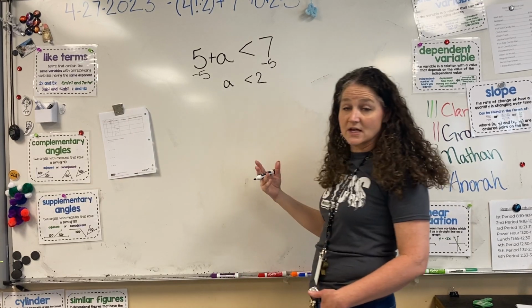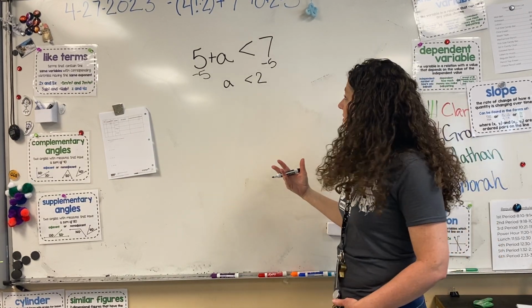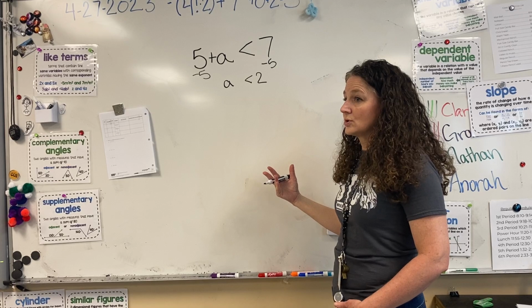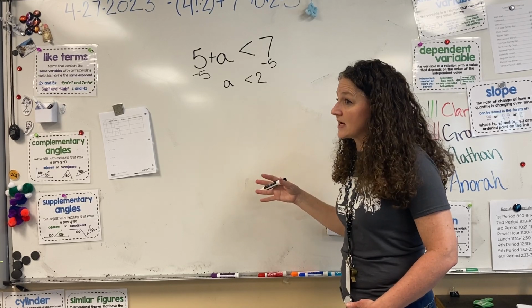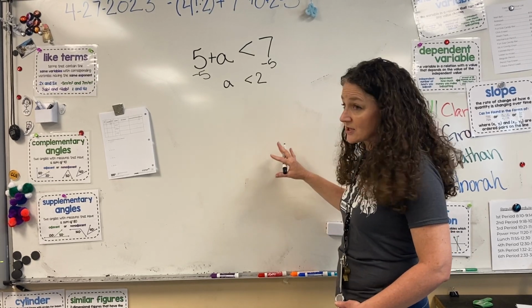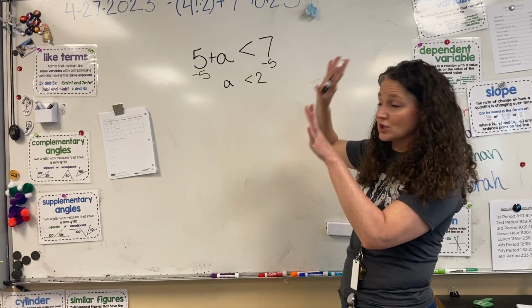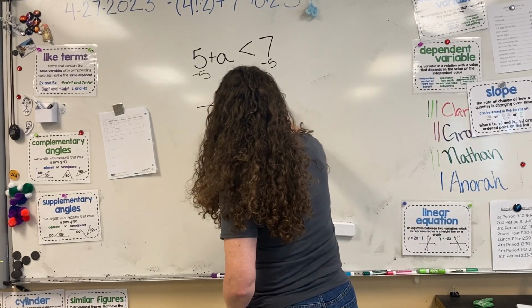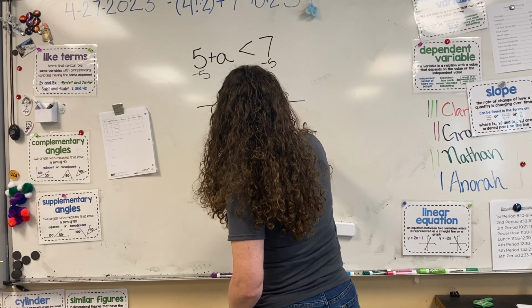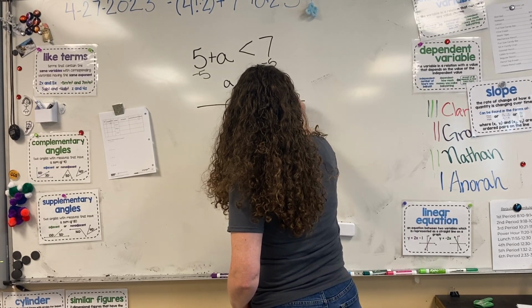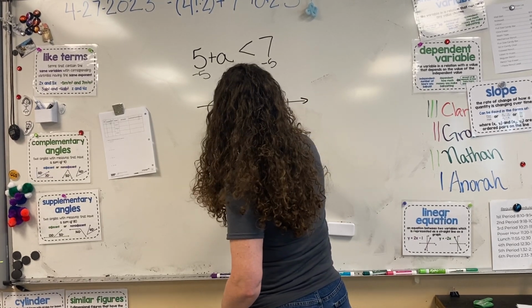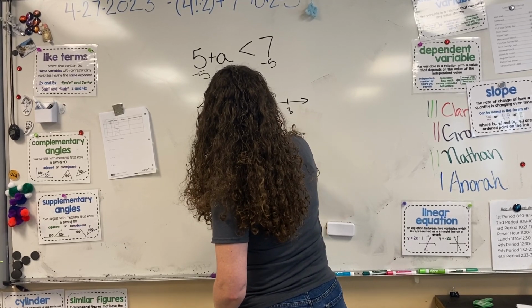I'm going to graph this on a number line. If we multiply by negative 5, it will change. If we subtract 5, it won't. We just learned this. So I'm going to make myself a little number line here. There's 0, 1, 2, 3. It does not need to be big because I only need to get up to 2, right?